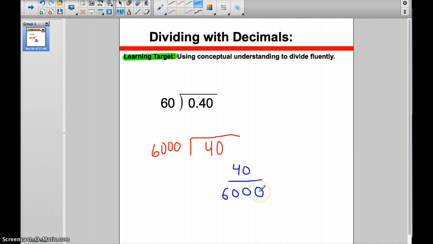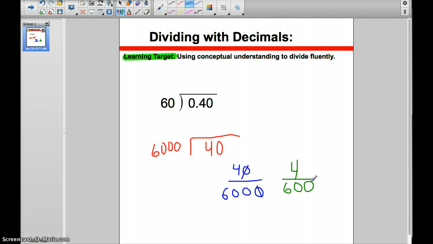I can divide each side now by 10. 40 divided by 10 is 4. 6,000 divided by 10 is 600. Now I have a newer problem. 4 over 600. And from here I can simplify it further.